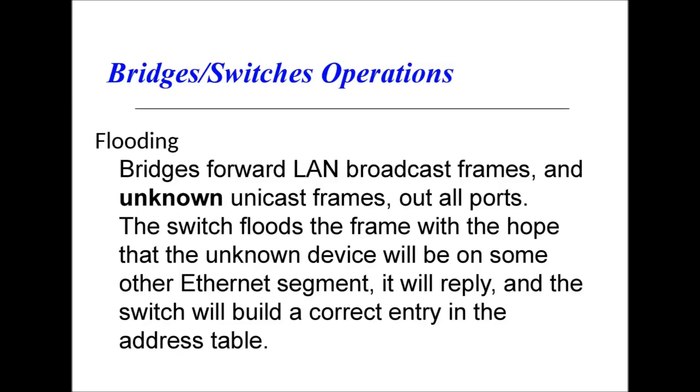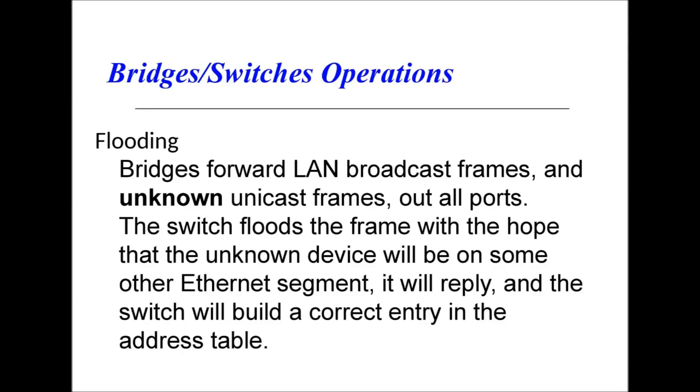So to get the required MAC or physical address, first the frame will be broadcast to all the different devices and segments, and after that when those segments receive the request, the intended device will unicast, and after that the specific MAC or physical address of that device will be updated by the switch or bridge in the MAC address table.